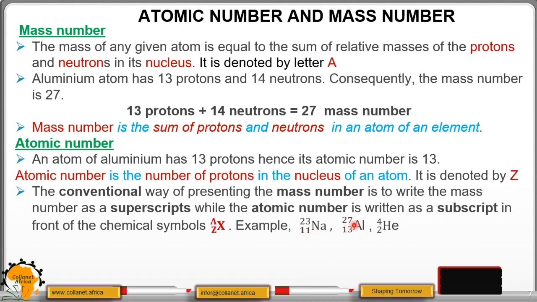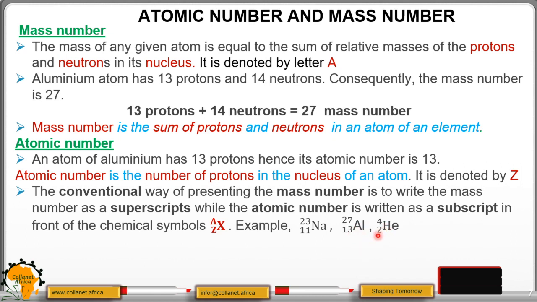In aluminium, we have atomic number 13, which means the number of protons is 13 and the number of electrons is also 13. The mass number is a computation of protons plus neutrons. So to get the number of neutrons, you subtract 13 from 27 to get 14 as the number of neutrons.